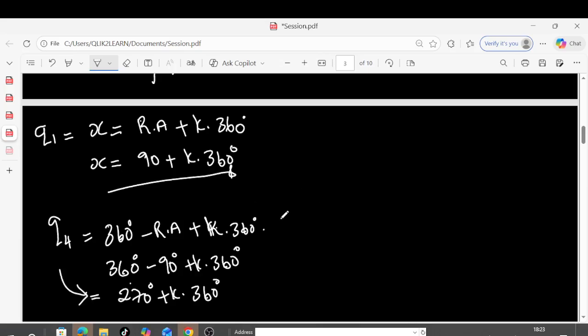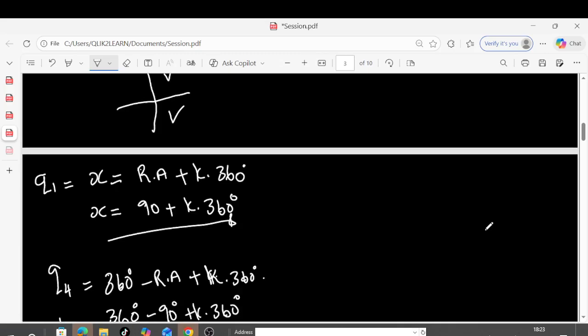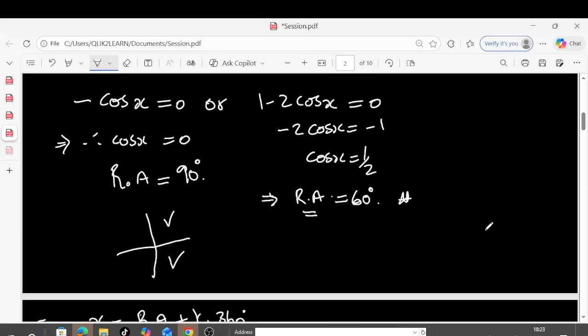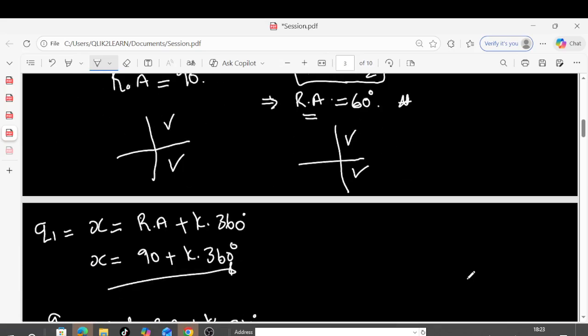Whatever we did this side is the same process for this one. We're going to apply the same process for this one. So our reference angle is 60, but look at the cos 1 over 2. It's positive. In which quadrant is cos positive? 1 and 4. Remember, in quadrant 1, we just have x. Okay, Q1, this is x.